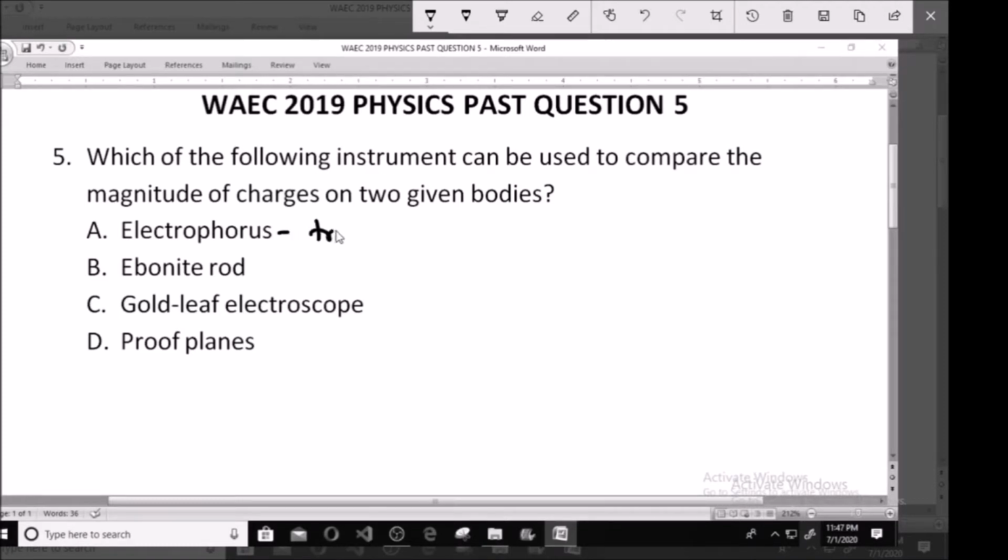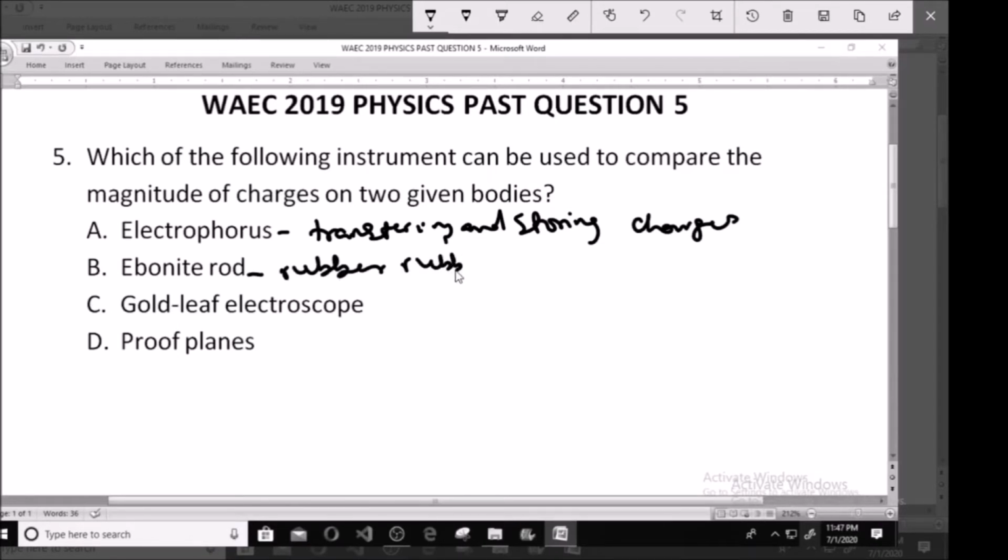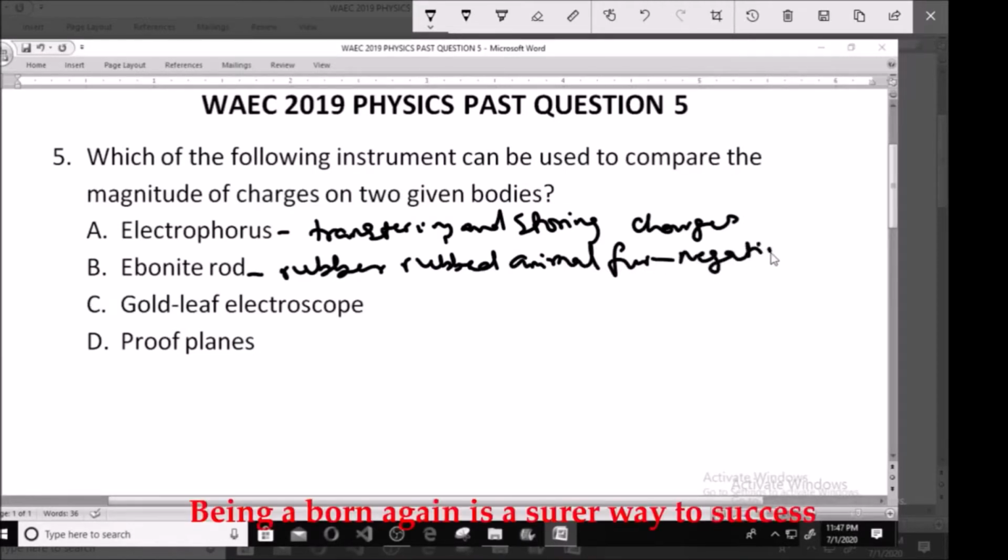Electrophorus is a device that is used in transferring and storing charges. So that is what you use electrophorus to do. Ebonite rod is a device that you can use to make negative charge by rubbing a specialized vulcanized rubber with animal fur. So once you rub a rubber with animal fur, you produce negative charge using ebonite rod.